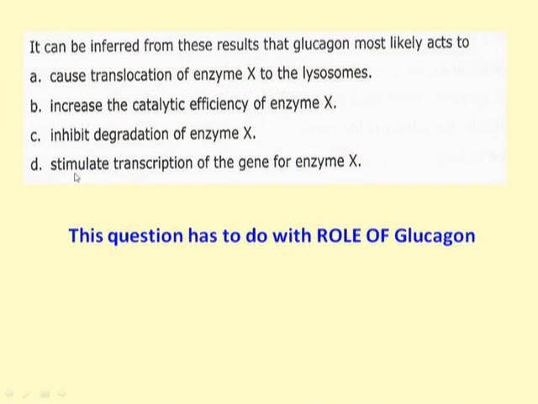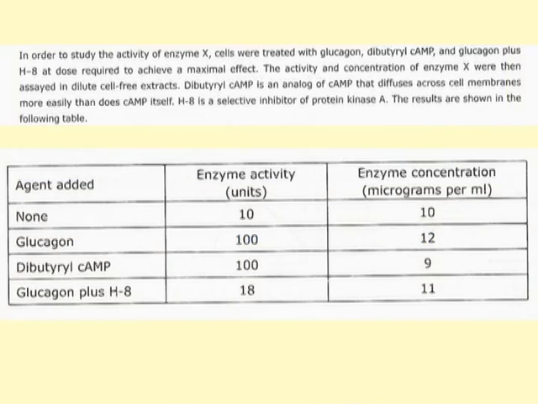So now the question that has been asked regarding this data is, it can be inferred from these results that glucagon most likely acts to: A, cause translocation of the enzyme X to the lysosome; B, increase the catalytic efficiency of the enzyme X; C, inhibit degradation of the enzyme X; D, stimulate transcription of the gene for enzyme X. So this question has to do with the role of glucagon in the particular experimental setup.